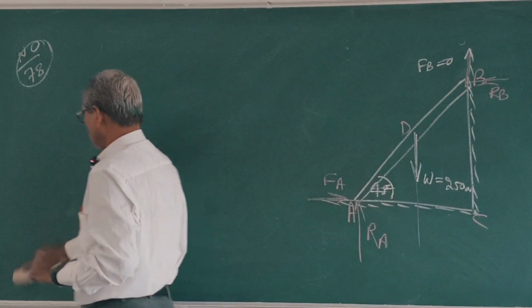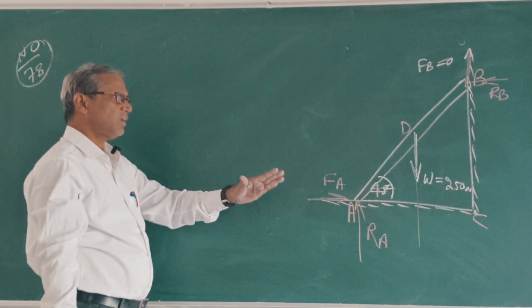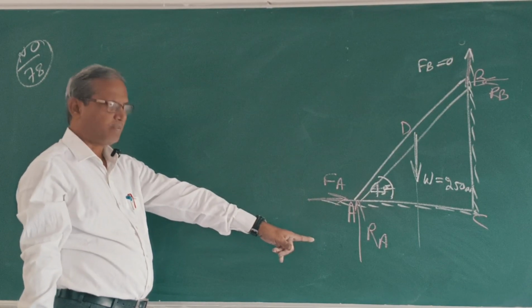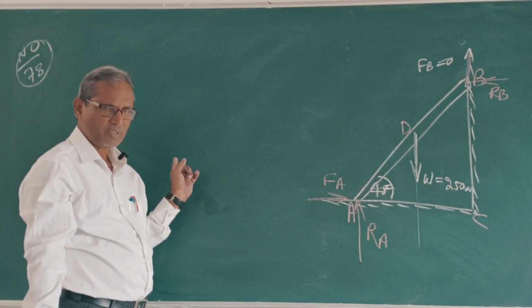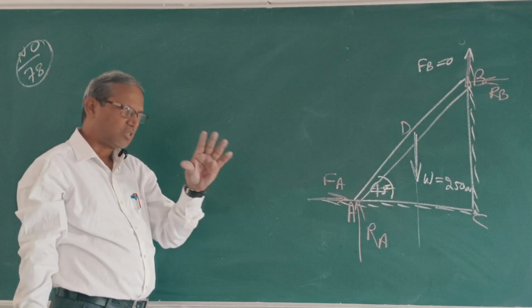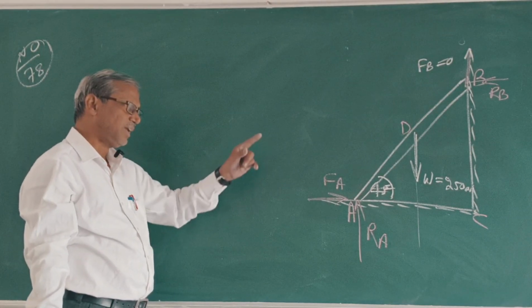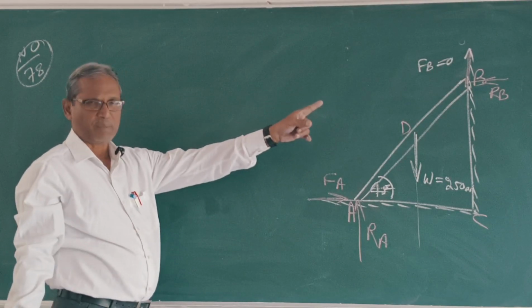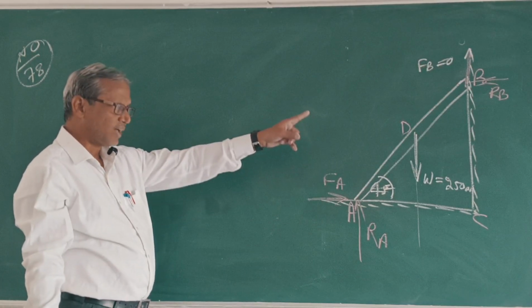This is ladder AB. Clear? At A, what will be RA? When D moves downwards, the ladder slips towards the left, away from the wall. Hence, the friction is acting towards the wall. So some work will be done by FA, not by RA. Similarly, at B, since the wall is smooth, friction FB is 0, only RB. As the ladder slips downwards, no work will be done by RB.